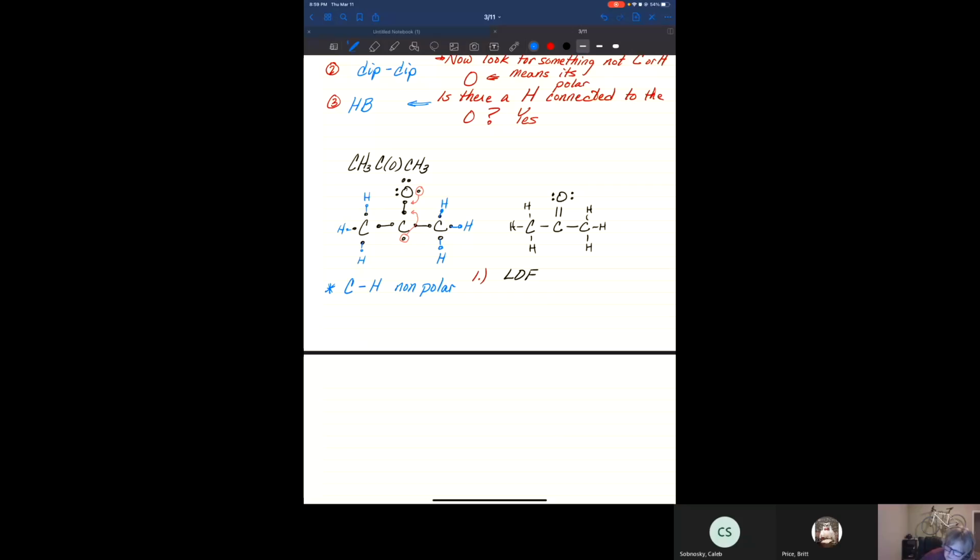That means that in order to be polar, this interaction between carbon and oxygen better be polar.